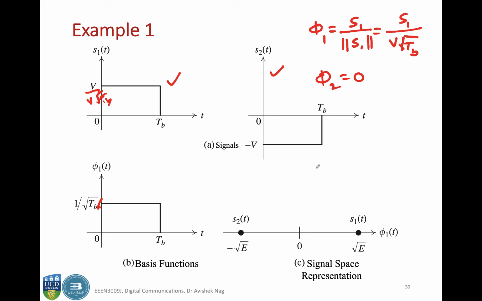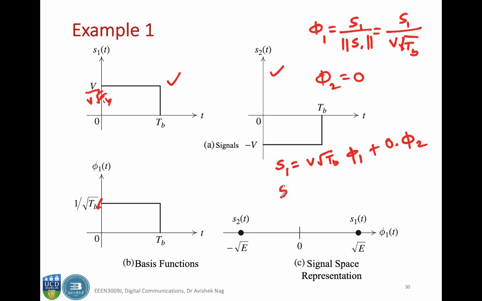Now if you write the signal, let's say your S1 is V root TB times phi 1 plus, since you don't have another dimension, you can write 0 times phi 2 just for convenience. So it's still a two-dimensional signal space, but we don't need the second dimension to draw the signals.